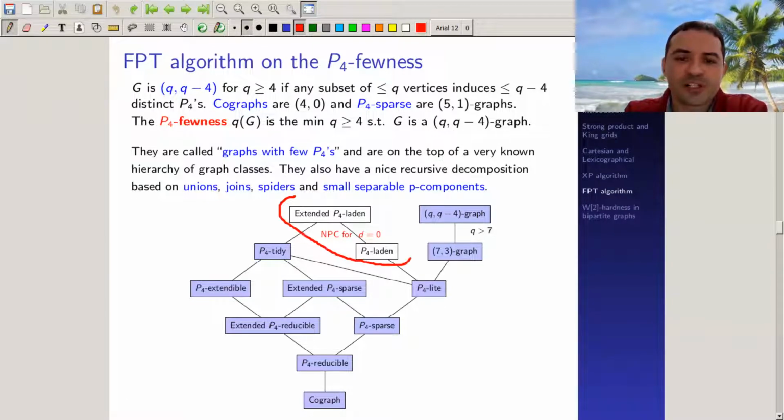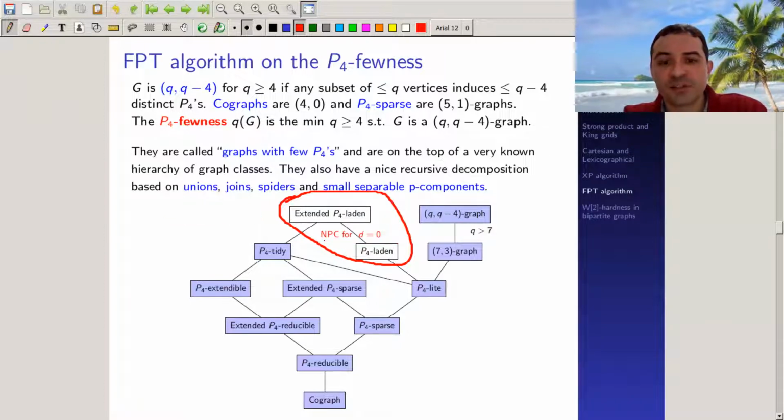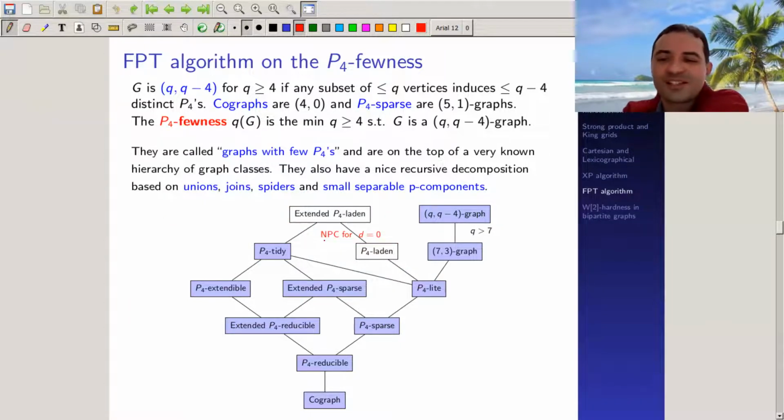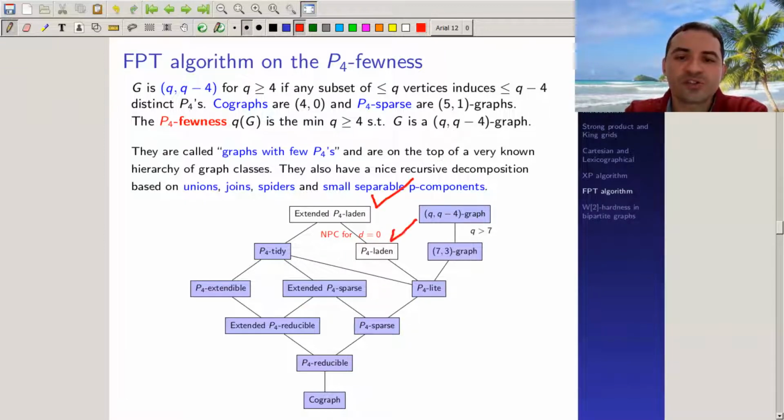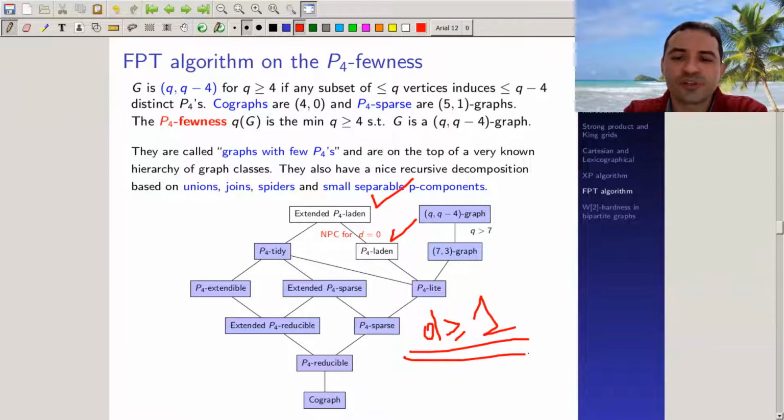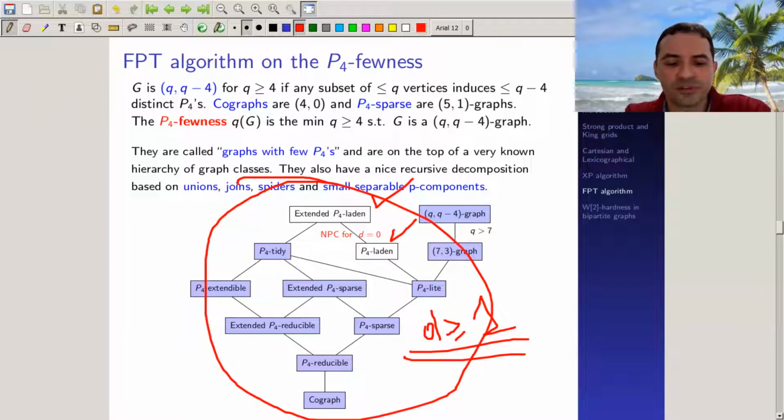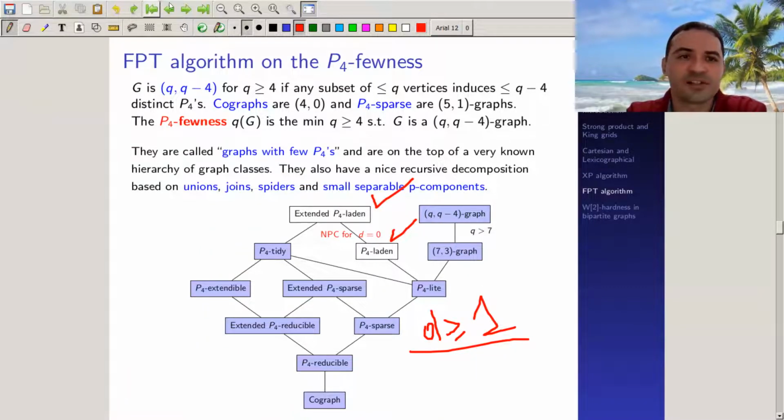The extended P4-laden and P4-laden graphs include split graphs, and so they are NP-complete. The spy game is NP-complete with distance 0, but with distance 1, we can solve it also for these graph classes. For distance at least 1, we solve the spy game decision problem for all this hierarchy of graph classes.